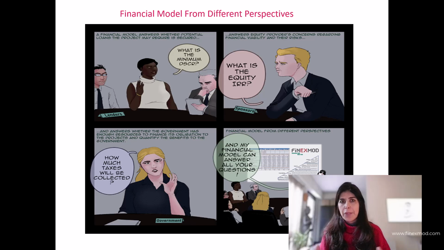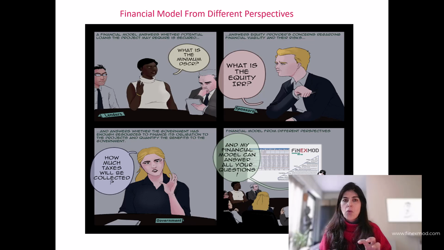Or what can happen is that if sponsors do not agree on rebuilding the model from scratch, the lenders will build their own version of the model, and of course the project pays for it.